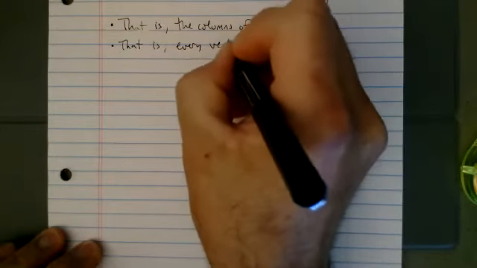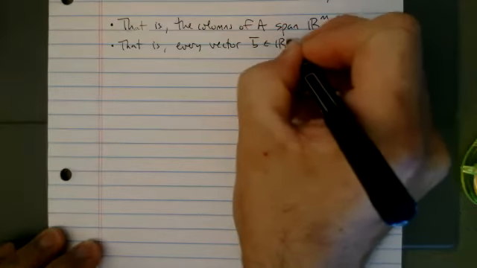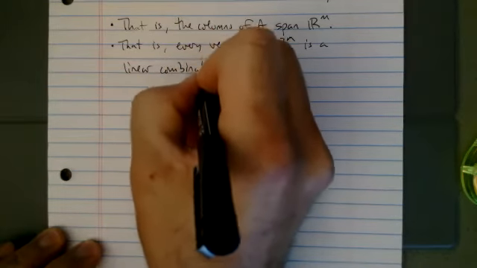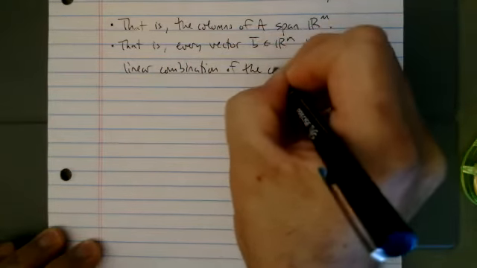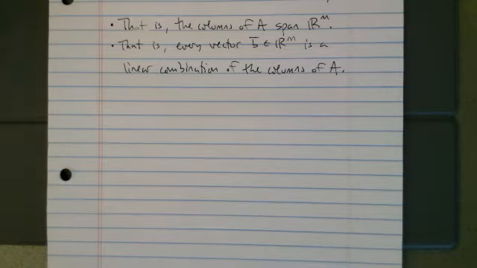Every vector B in Rm is a linear combination of the columns of A. So these are all things that we conclude because A has a pivot in each row.